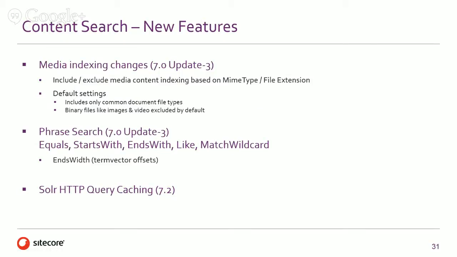So other new features in update 3, we added or changed how the media indexing is working. So now you can actually include or exclude the indexing based on MIME types or file extensions.